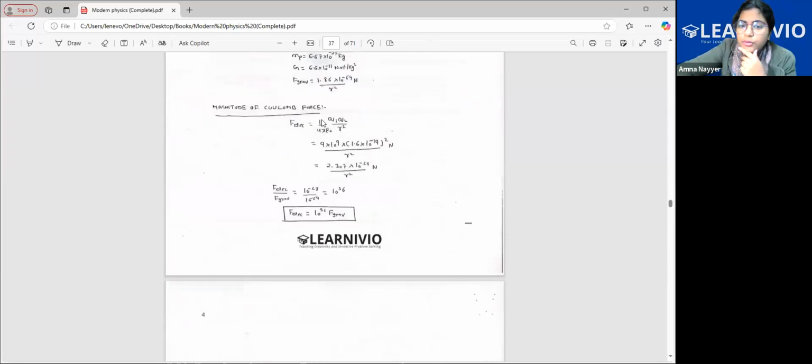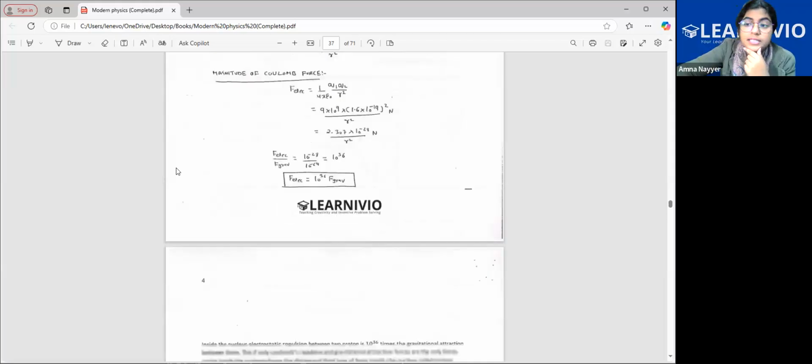So between two protons, the gravitational force was calculated, the electrostatic force was calculated, and their ratio was taken. It was shown that the electric force is 10 to the power 36 times the gravitational force. I told you this value in your first class also, when we were discussing electrostatic forces.